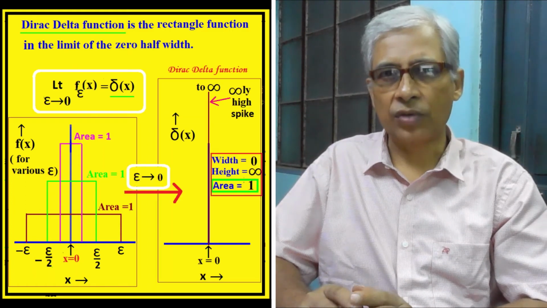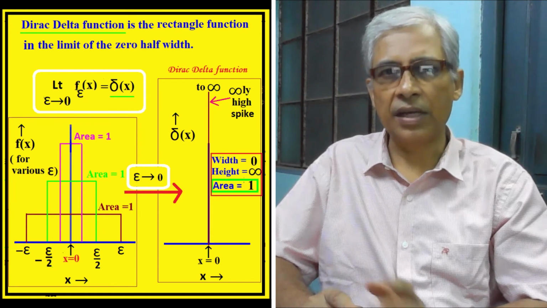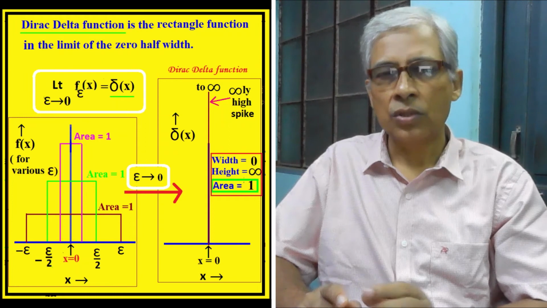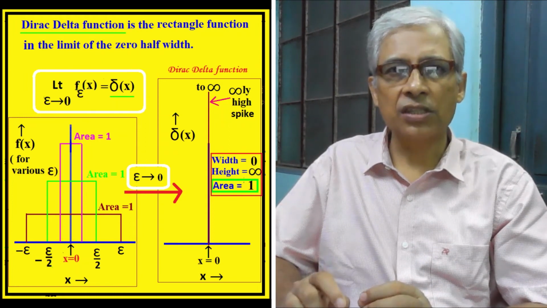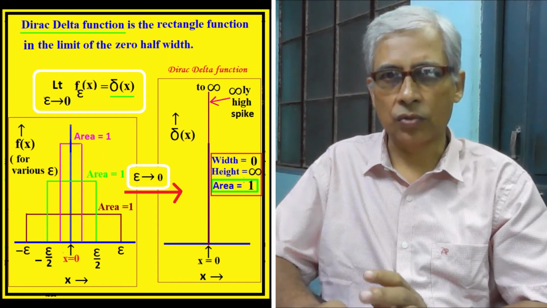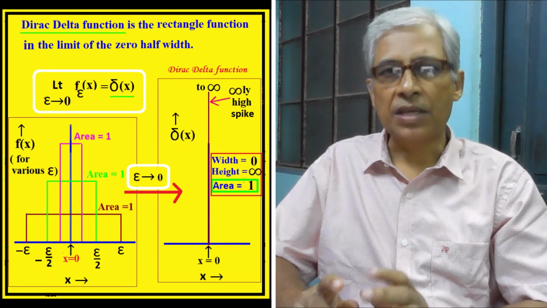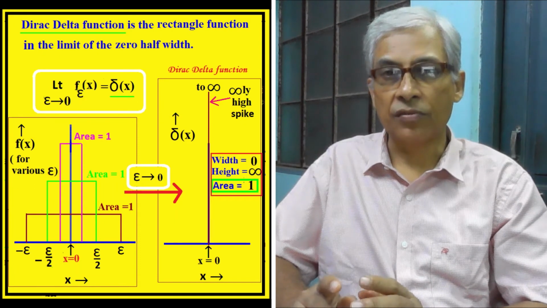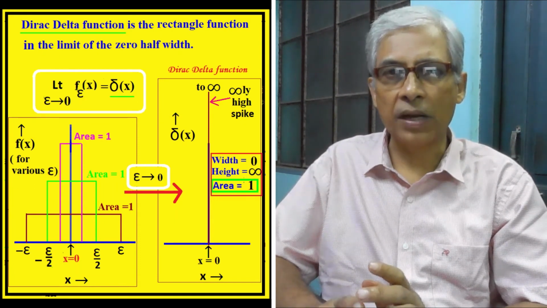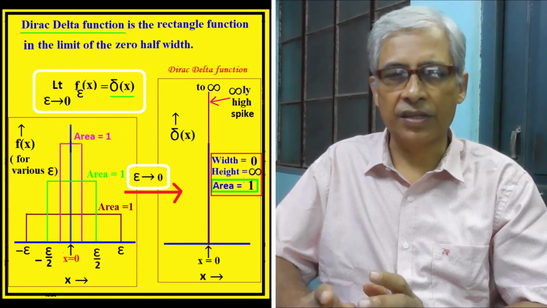And finally, as you can see from the plot on the right, as the half-width epsilon becomes 0, we see that the function has no spread along the x-axis about x equal to 0, but infinitely spread out vertically. So we get a high or tall spike shooting out to infinity.